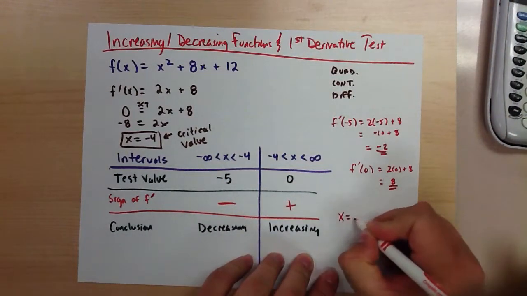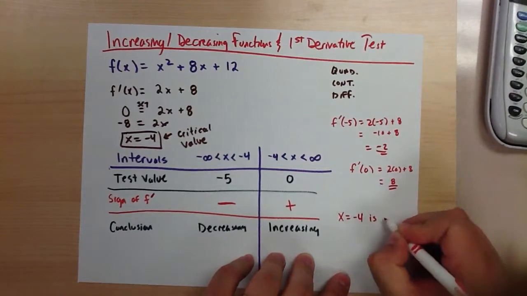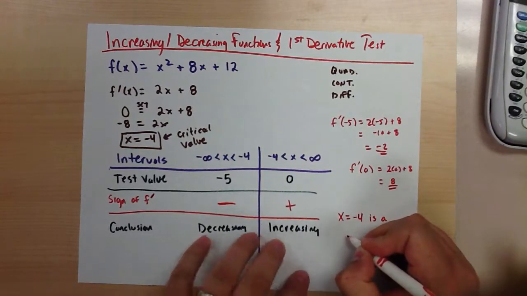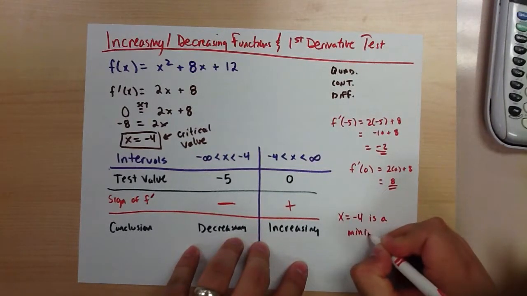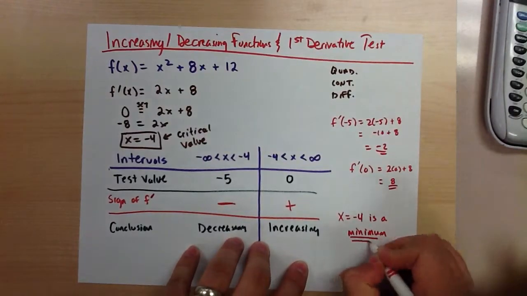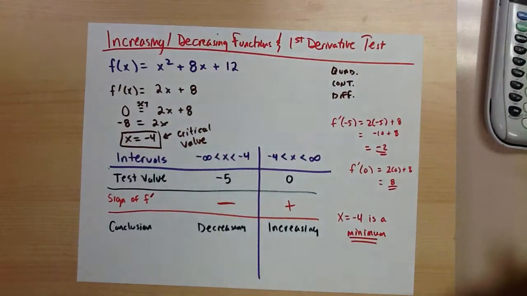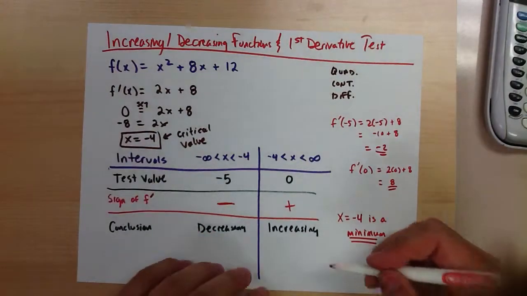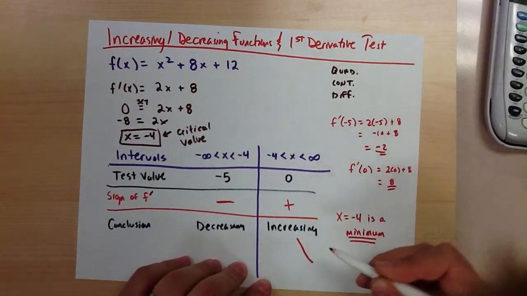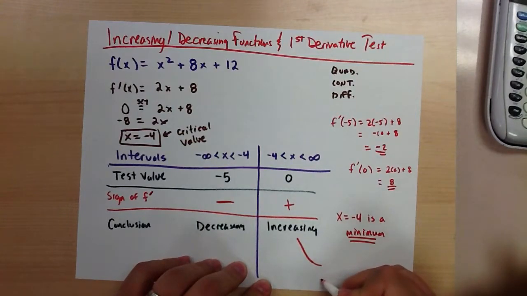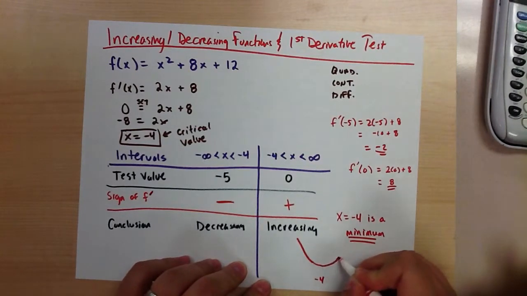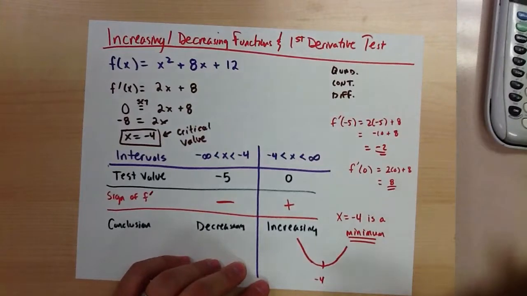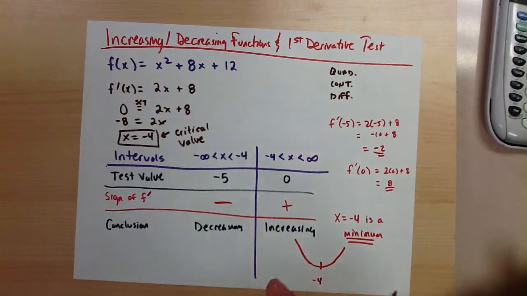It says that x equals negative 4 is a minimum. So without having to graph it, we know that we have a minimum right here because we have a function that's decreasing until we get to x equals negative 4, and then it starts increasing again after negative 4. And so that tells me a lot of what's going on here.